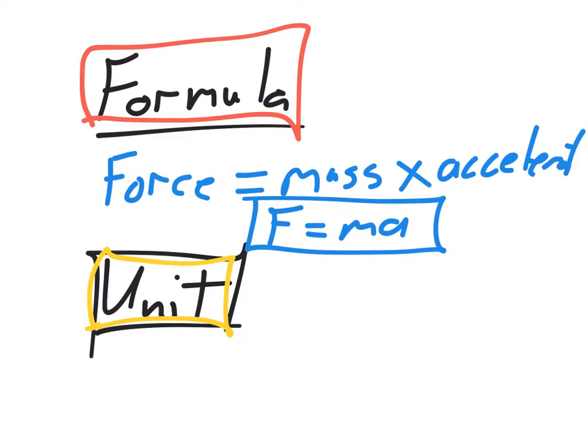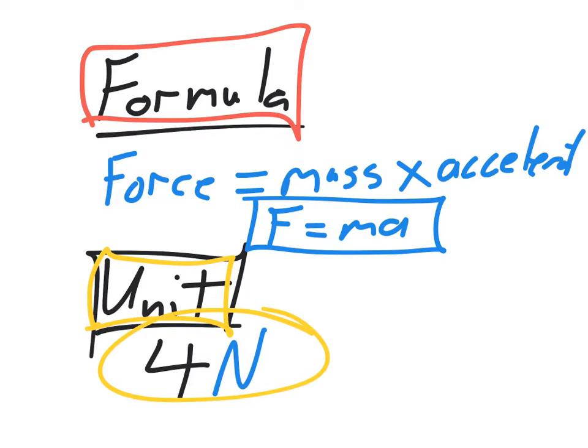Units would be things like, it identifies a number. So 4, and we said newtons, would be how it is then measured. So after you did the force formula, you might end up with an answer that is 4 newtons. And newtons is a unit of measurement of force that we'll be looking at.